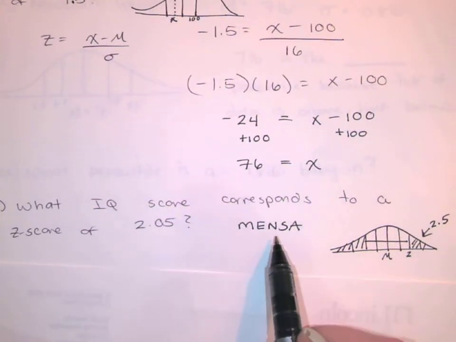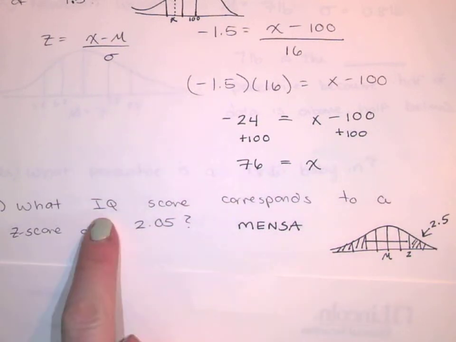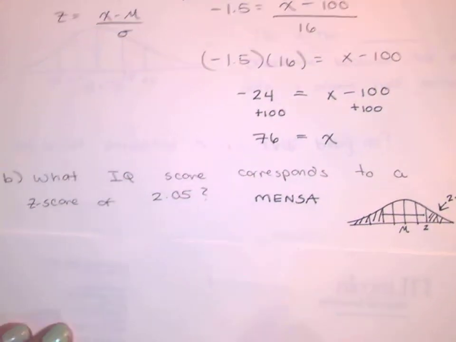So Mensa accepts the top 2.5% of people for IQs. So what IQ score do you have to get to get in there?